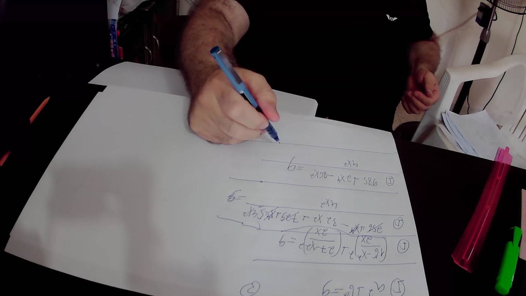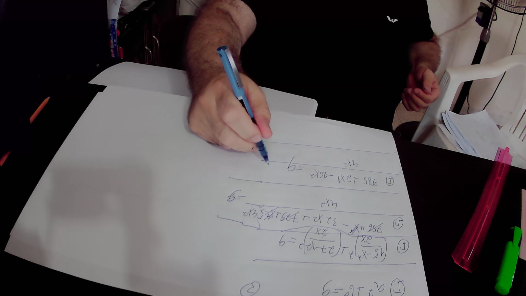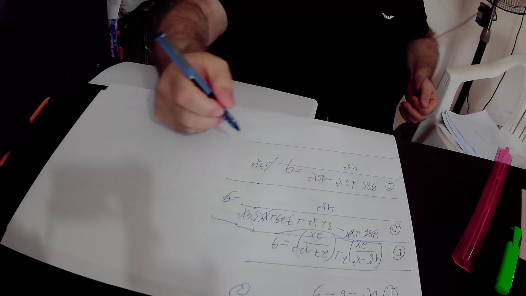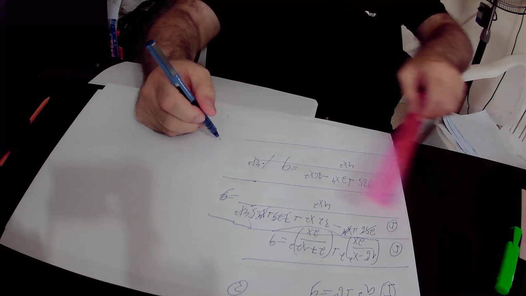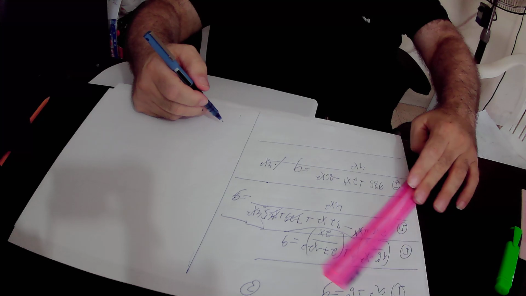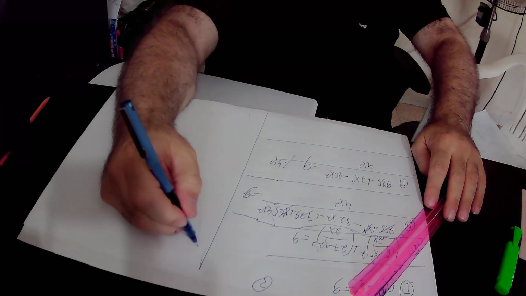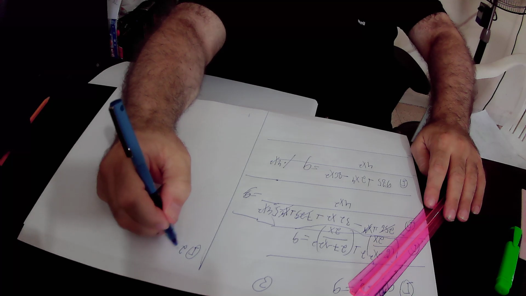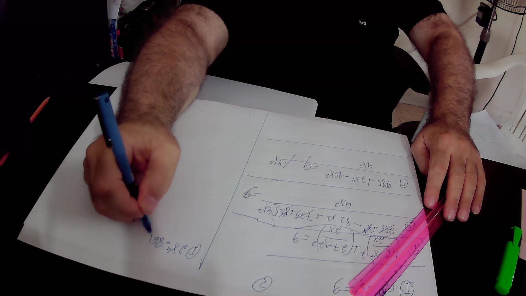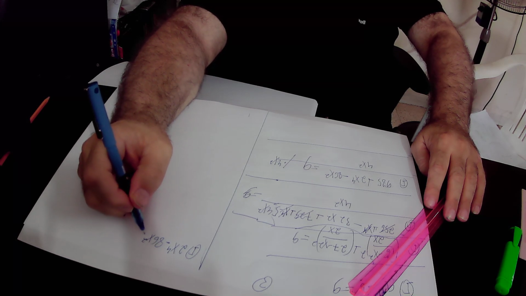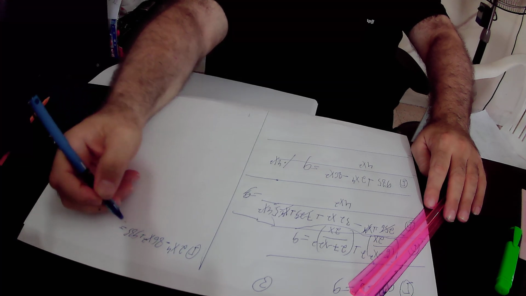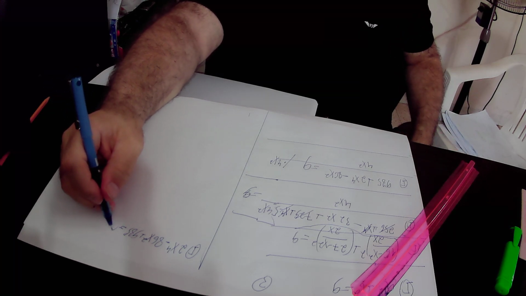So here we will multiply equation number 1 by 4x squared, and we get that according to equation number 1, 2 times x to the power of 4 minus 86x squared plus 985 equals 9 times 4x squared, which is 36x squared.